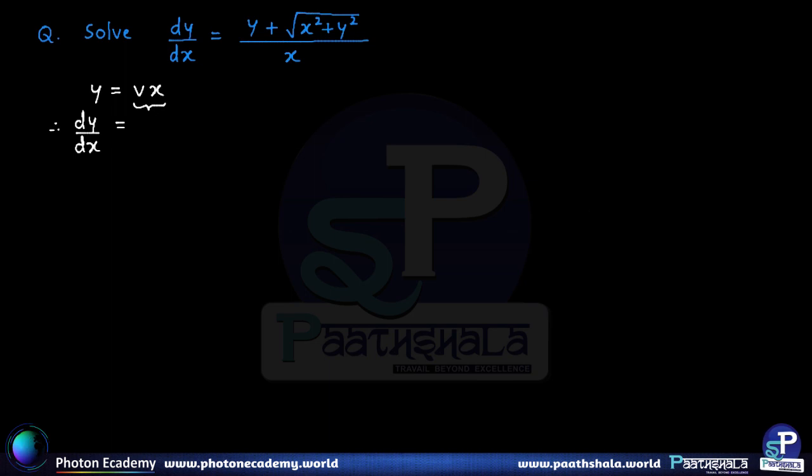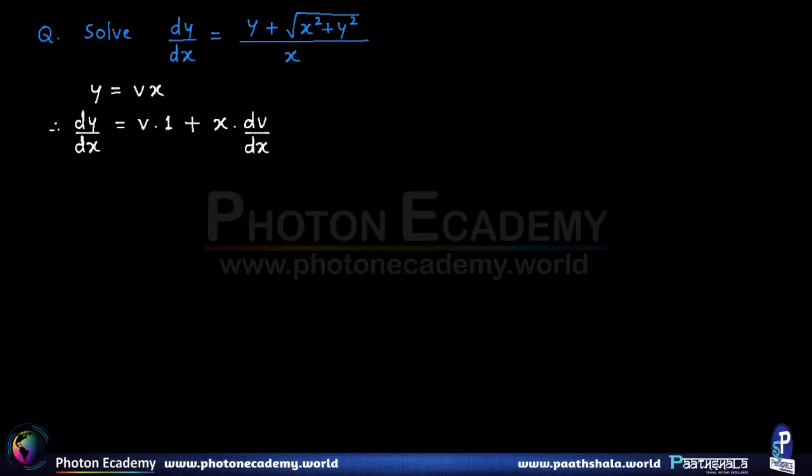So that is first function v into derivative of second function x, which is 1, plus second function x into derivative of first function, that is dv by dx. So therefore in short we have dy by dx as v plus x into dv by dx. So let us use this substitution in the given equation.